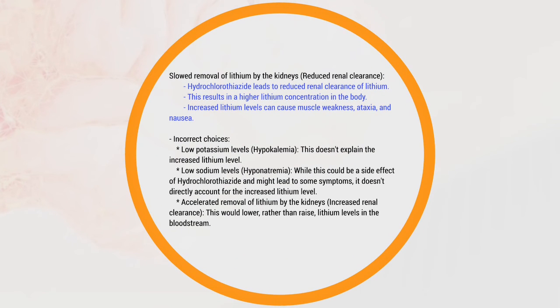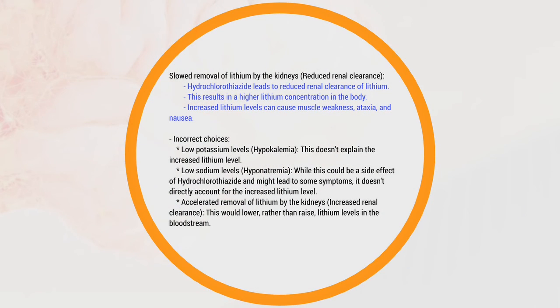Well, if you guessed reduced renal clearance, so slow removal of lithium, you guessed correctly. Remember that every time you have a patient on NSAIDs, ibuprofen, or any drugs that affect the blood pressure, like your ACE inhibitors, it will cause an increase in the lithium levels. So this results in a high lithium concentration in the body.